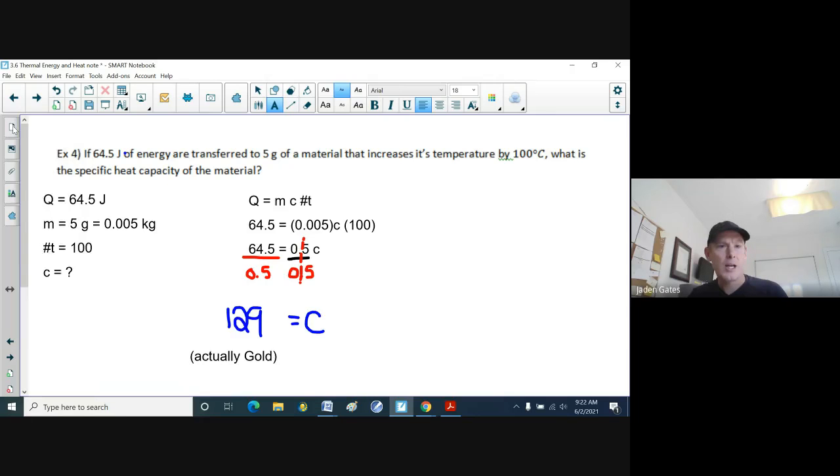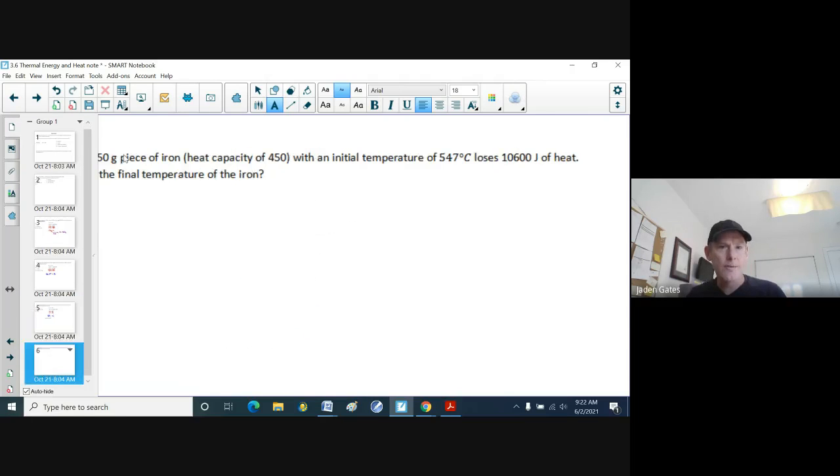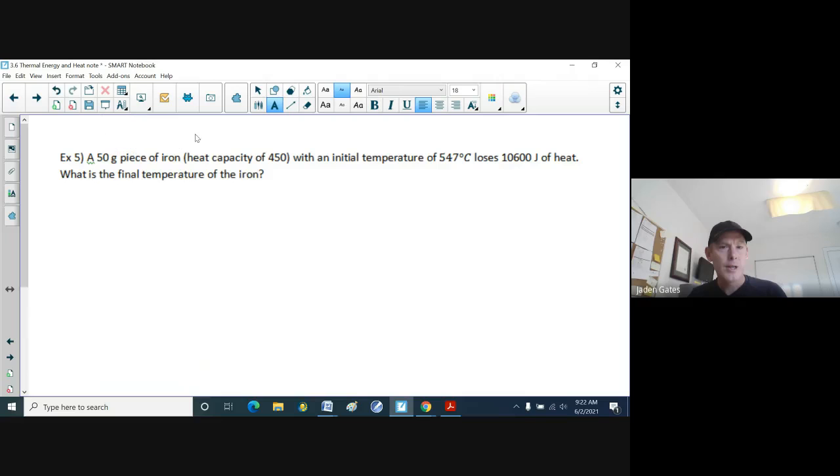All right, let's see what else we got here. One more. A 50-gram piece of iron with a heat capacity of 450, with an initial temperature of 547 degrees, loses 10,600 joules of heat. What is the final temperature of the iron? Okay, this one's a little tougher.